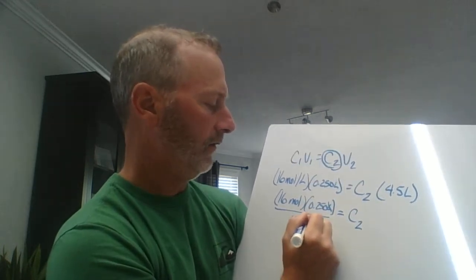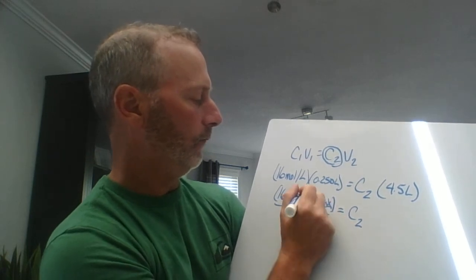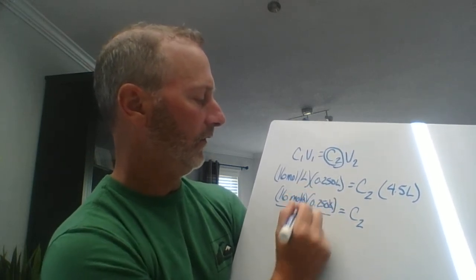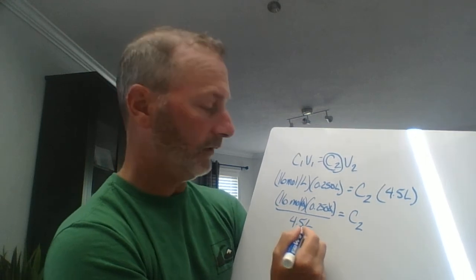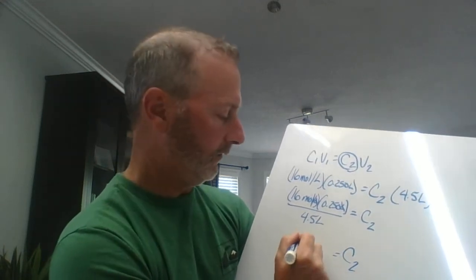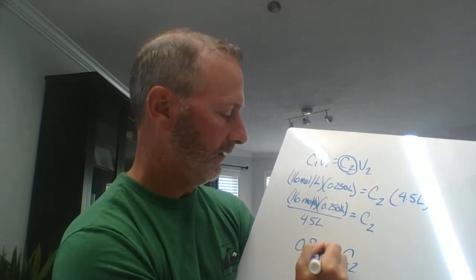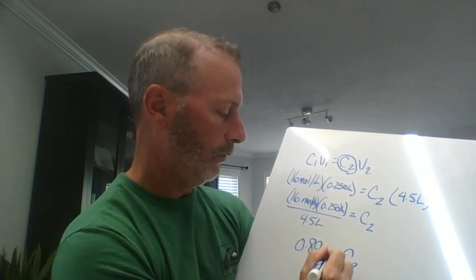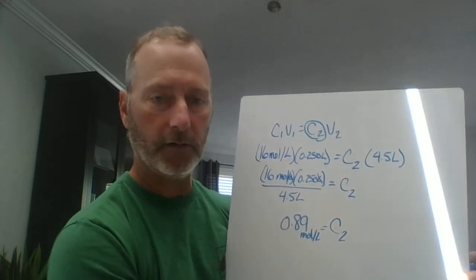So our liters, this is moles per liter. Those liters cancel. It's going to leave us moles per liter as units. And that answer, C2, in one step is 0.89 moles per liter. That's our concentration.